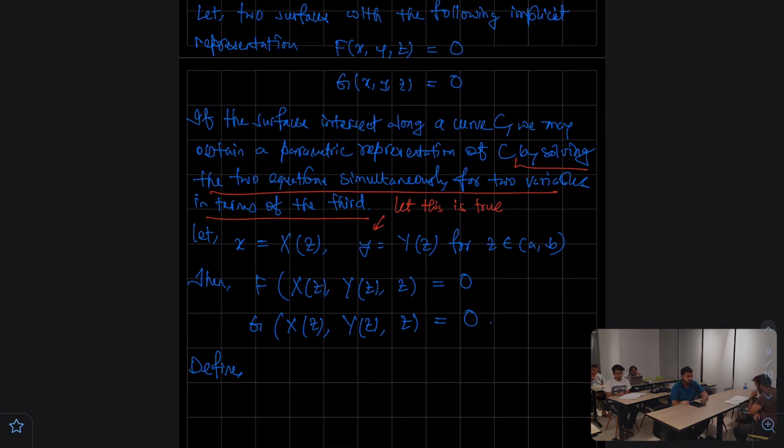In this case, it is obviously true. You are considering two-dimensional surfaces. They're intersecting on a curve. Intuitive, no? If you have higher dimensions, that will not be a curve. Because you are able to solve it, you can express x and y in terms of z.